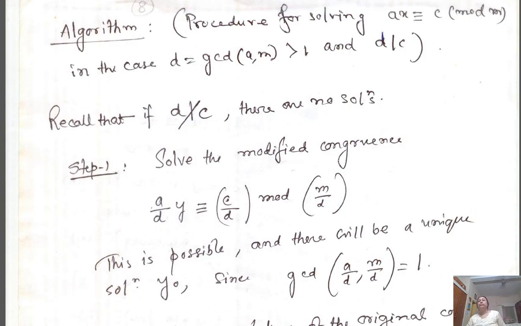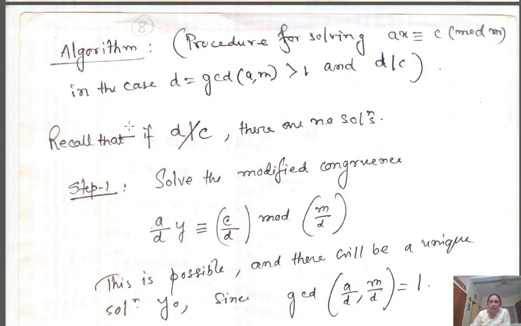So what I will do is rewrite this congruence equation. Since d is the GCD of a and m, I can divide this whole equation throughout by d. It can be proved that this congruence and the original congruence are the same.